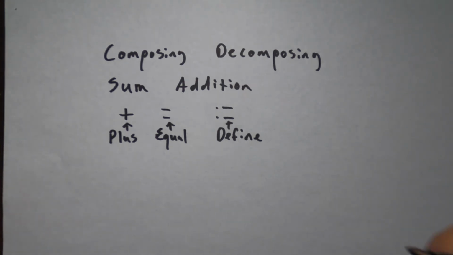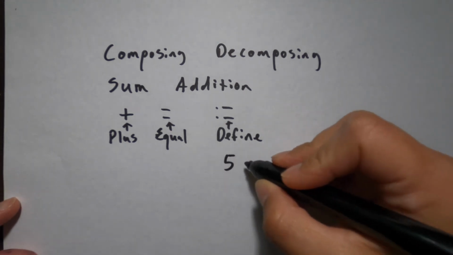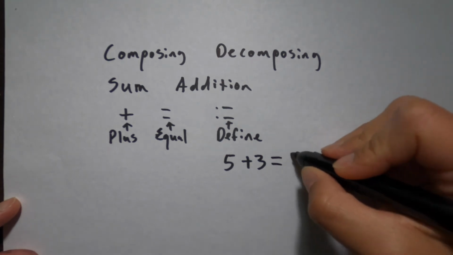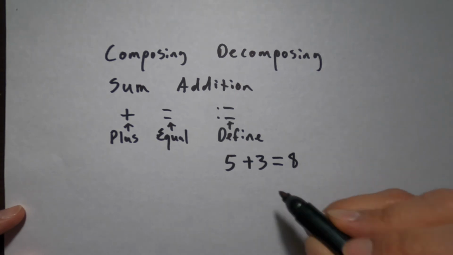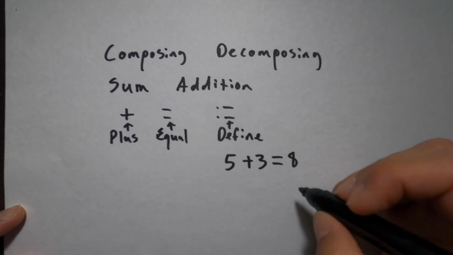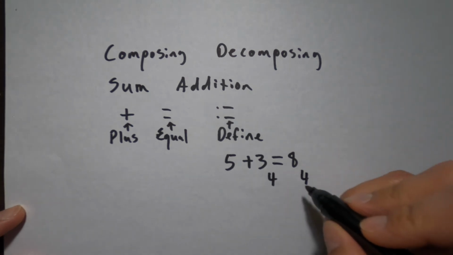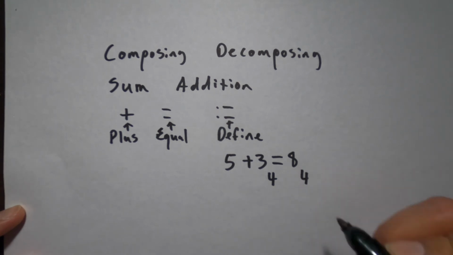For example, if we have 5 plus 3, that's going to equal 8. Well, we know 8 decomposed is 5 and 3. What else can we decompose 8 with? We can get the numbers 4 and 4. 4 plus 4 is 8. The sum of 4 and 4 is 8. 4 and 4 composed is 8.